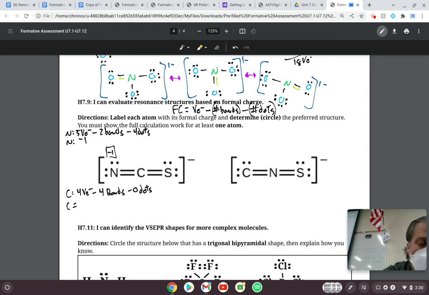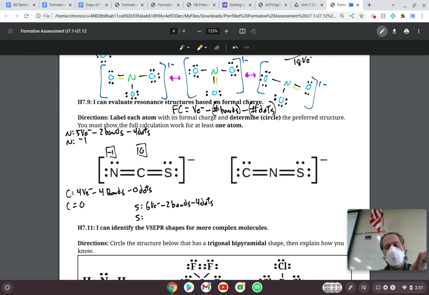So carbon ends up being 0 for its formal charge. And then sulfur has 6 valence electrons minus 2 bonds minus 4 dots. So sulfur is 6 minus 4 is 2, minus 2 is 0. So we get 0.